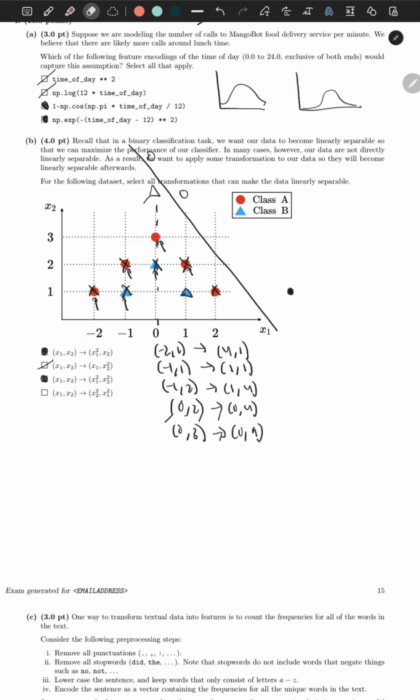Okay, and now if we look at the fourth one, we're basically swapping x1 squared and x2 squared to now be x2 squared and x1 squared. So looking at our original drawing, if we just swap the points, so for example, with this triangle here, this is at 0, 4, now it would be 4, 0, so maybe some point over here. And then for this point here, this is 0, 9, now it's 9, 0, so it'd be some point here.